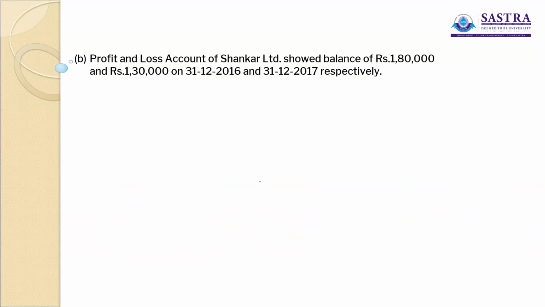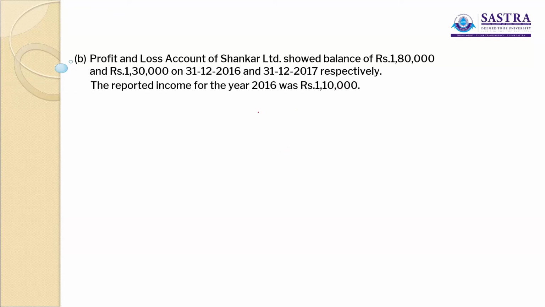Now we will take up another example. Here in this question, the profit and loss account of Shankar Limited showed balances of rupees 1,80,000 and rupees 1,30,000 on 31st December 2016, nothing but 1/1/2017, and 31st December 2017 respectively.